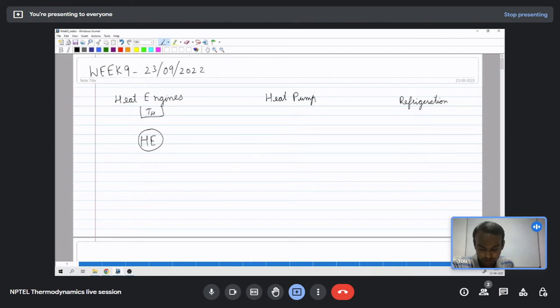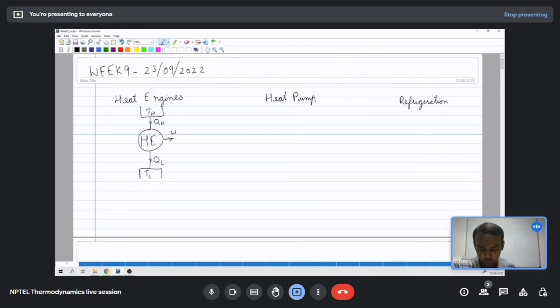The high temperature reservoir is represented by TH and the low temperature reservoir is represented by TL, and this heat engine gets heat energy from the high temperature reservoir, and this rate of heat from the high temperature reservoir is represented by QH, and the heat that is rejected to the low temperature reservoir is represented by QL, and it gives a work output represented by W.